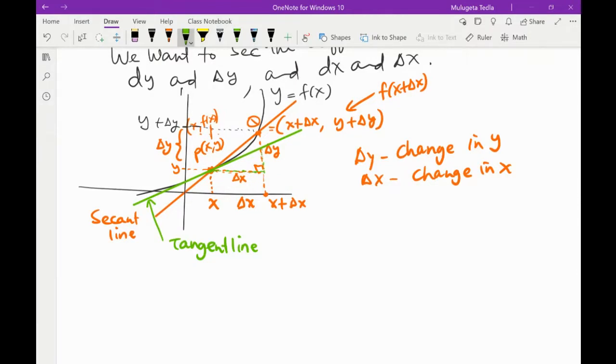what is the slope of that? Well, by the way, this is delta y. Maybe I should write red. This is delta y. But what is this? Who can tell me what that green line segment is?